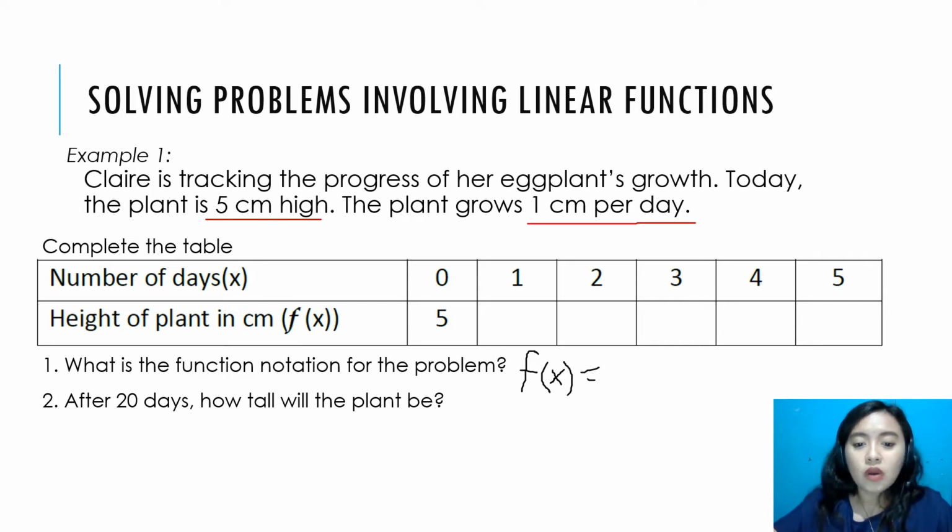Okay, now if we will write the rest of the problem into a symbol or mathematical statement, makaingon ta na kining 5, constant ni kining 5 cm, meaning di gyud ni mausab kay given man na siya daan na 5 cm gyud ang iyahang height karong adlaw.